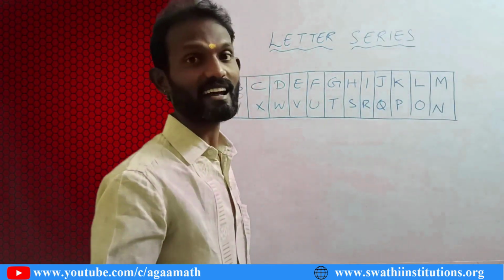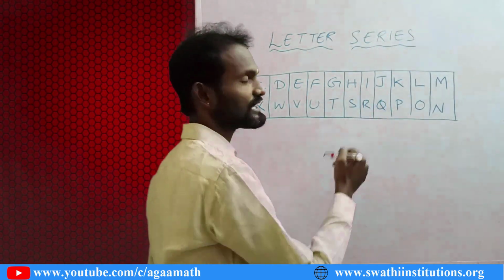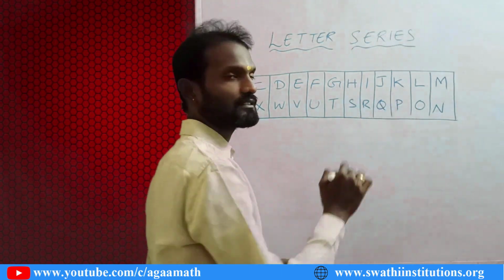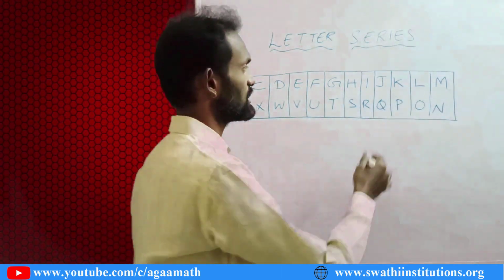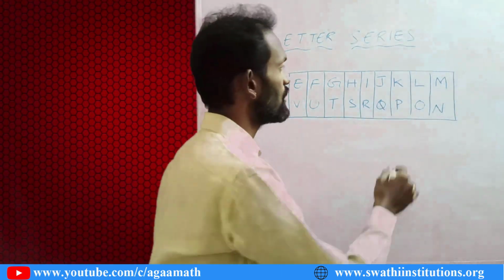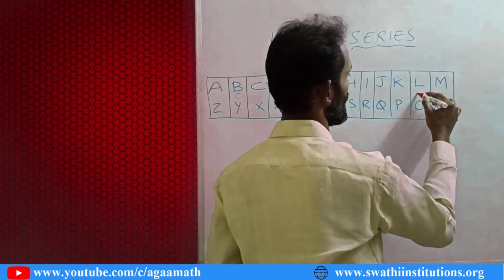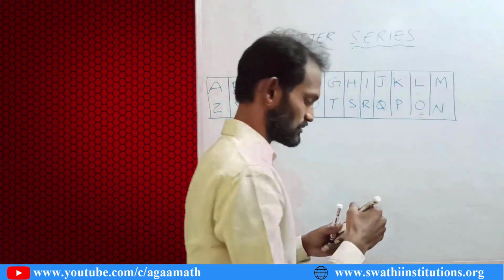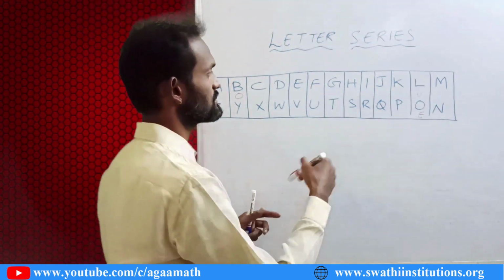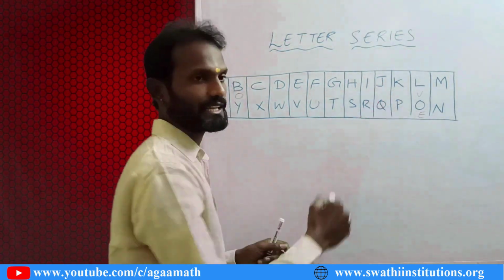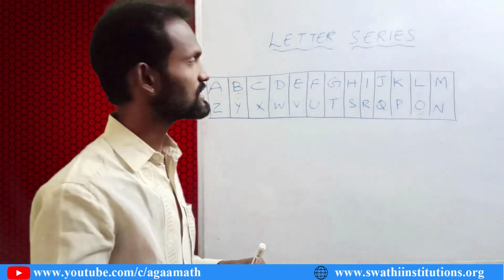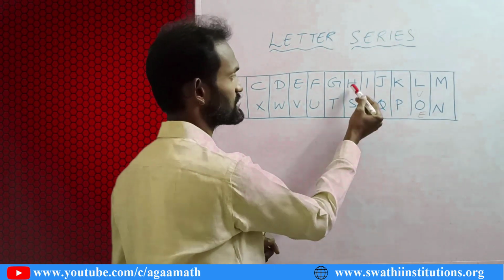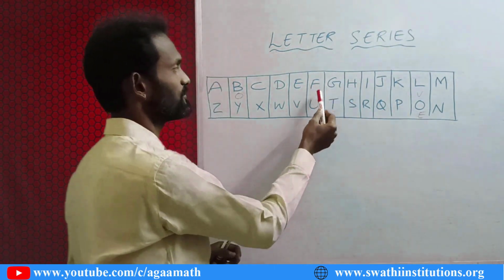IR, Indian Railways. KP, Kukatpalli. LO, love. And like this, J, Jack and Q, Queen. In playing cards we see Jack and Queen.